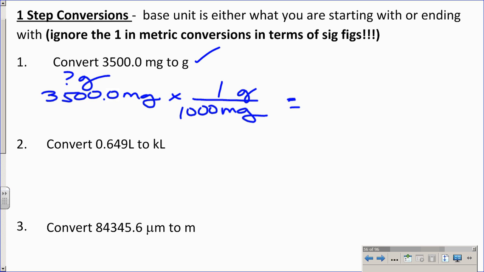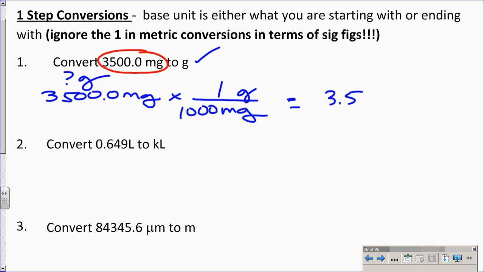So 3,500.0 divided by 1,000 is going to be... But I need to understand that, I know you don't want these caveats, but there's a caveat here. For the metric stuff, the only number that's a true measurement that concerns my sig figs is the first one given to me.